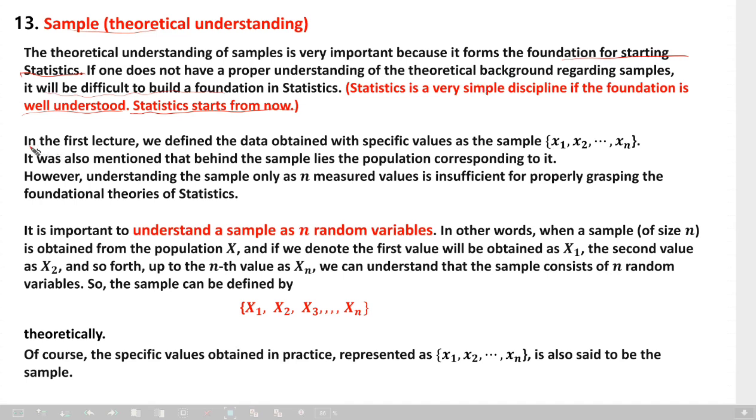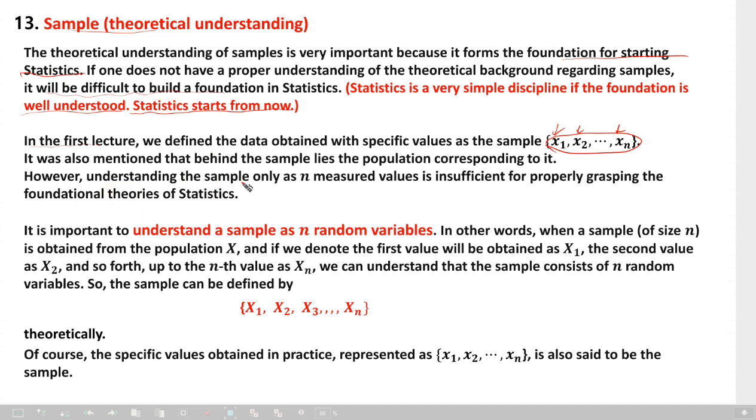In the first lecture, at the beginning, we defined the data obtained with specific values as a sample. These are specific values, observed values, small letter x1, x2, xn, right? They are real numbers. It was also mentioned that behind the sample, there is a population, right? So the sample you get from the population.